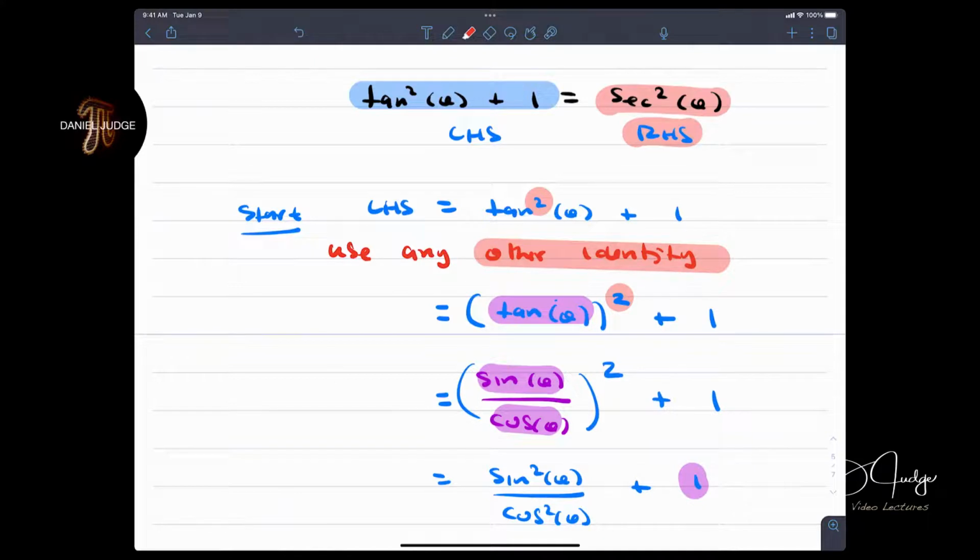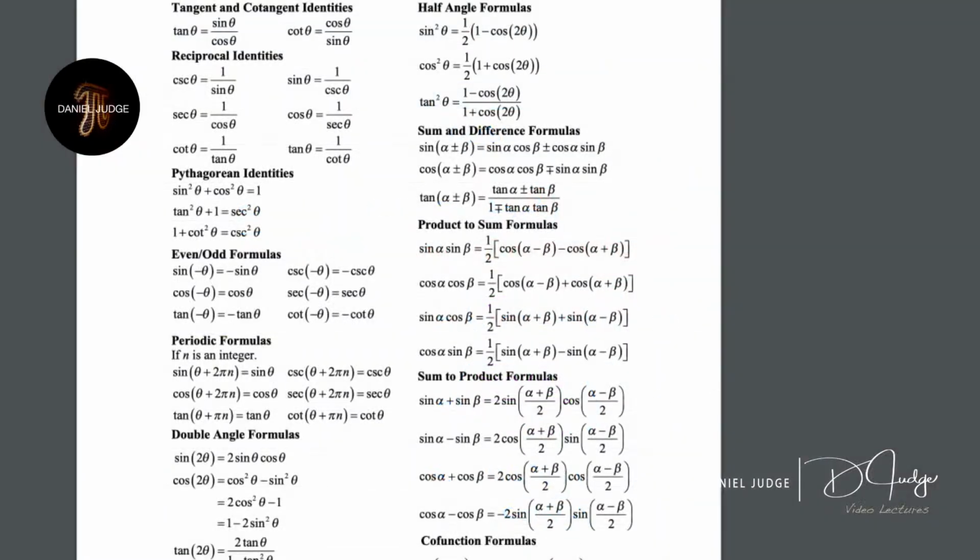Some of these identities you want to know like you know your name, ladies and gentlemen. The ones that I'm showing you here in the browser, and we're only focusing, in all honesty, on the top identities, the top 3: the tangent and cotangent identities, the reciprocal identities, and the Pythagorean identities.